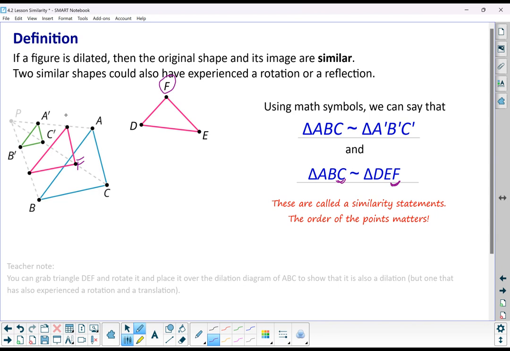And this one is point D, if I think about having rotated and moved that around. So D is in the same location in the triangle name as the A. And then E would be this one, which is the middle letter in those similarity statements. So you want to make sure you get those similarity statements in the correct order.